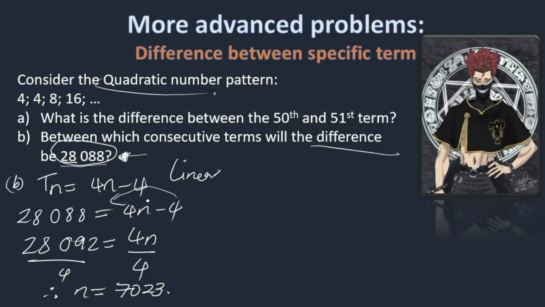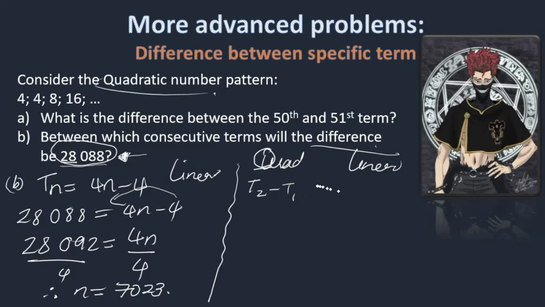Right? So now we need to actually answer the question. Now remember what we did here. We said in a quadratic and a linear pattern, this is the relationship. We said T2 minus T1 gives you T1 in a linear pattern.